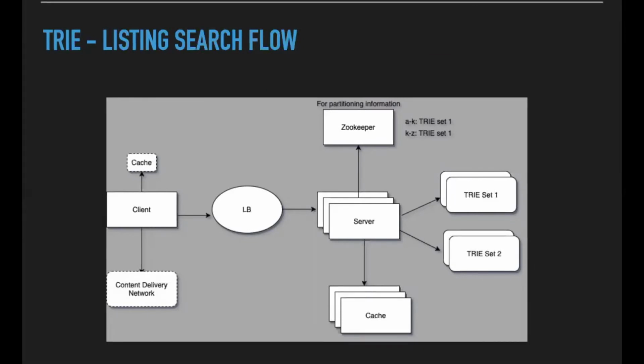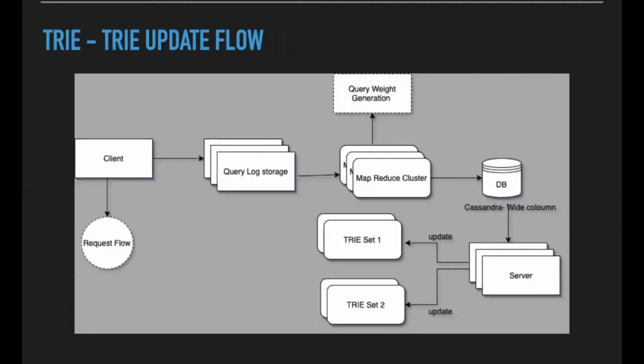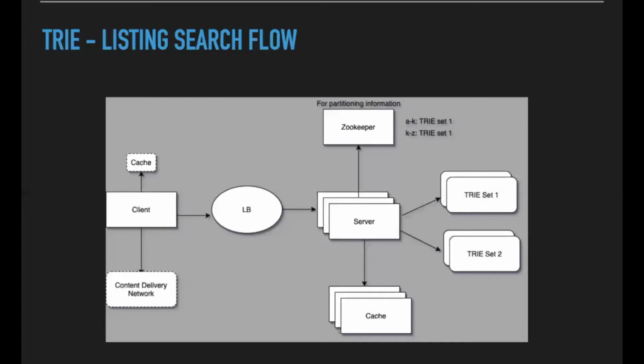The second approach is, let's say you are serving the data fine, but how are you constantly updating the trie structure which you have just created, so that it doesn't affect the first flow but still happens. That's how we bifurcated our design into two parts, and we will discuss them one by one, and see what each of these components mean and why we have put all these components.